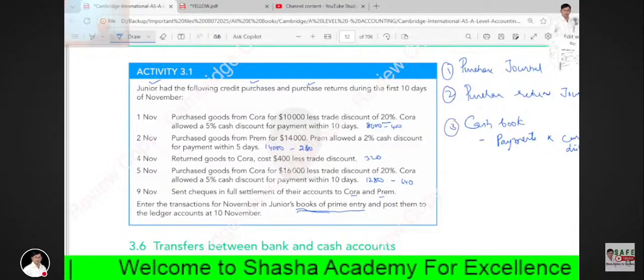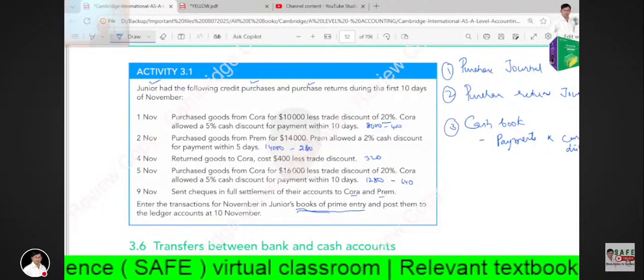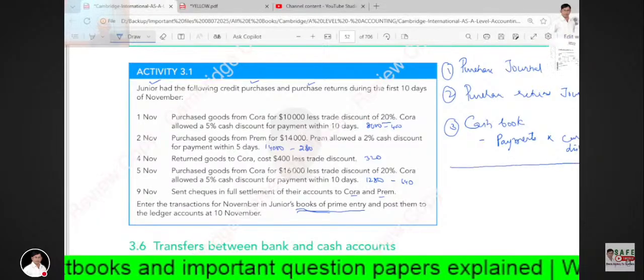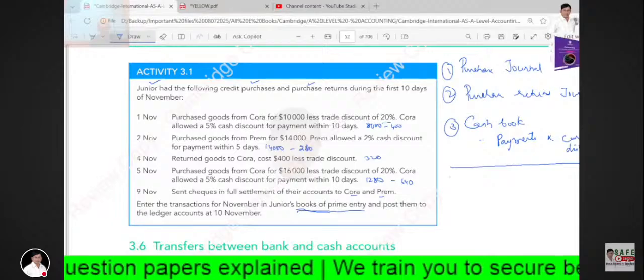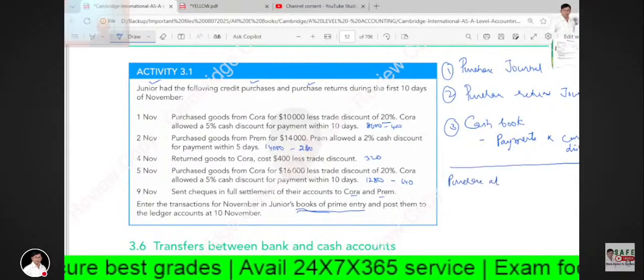So these are the 3 books of prime entry, and post them to the ledger accounts. So how many ledger accounts are there? So purchase account. Remember, purchase account is different, purchase journal is different.